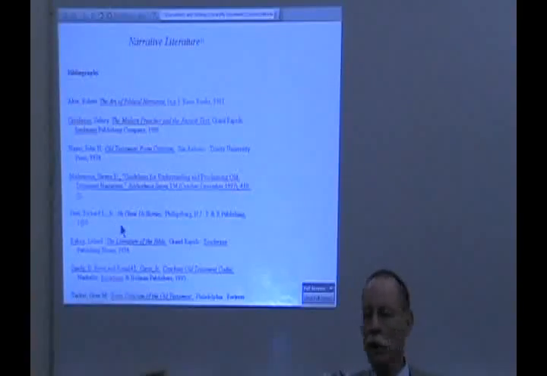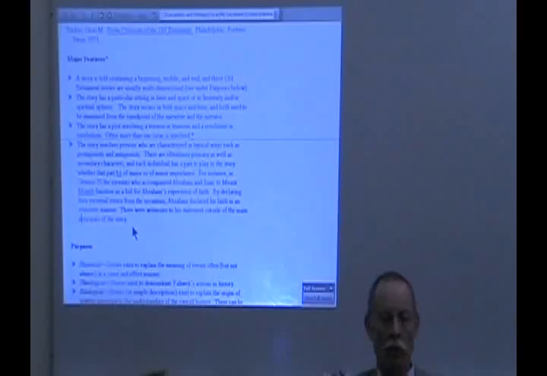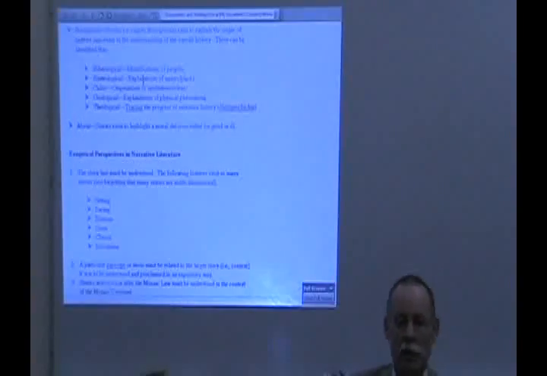What we are going to focus on are those peculiar aspects of narrative. After I put the text up and we read the text, we want to look at it from the standpoint of the particular features that are involved in the narrative, as we see listed here. Some historical purposes, but also these exegetical perspectives.